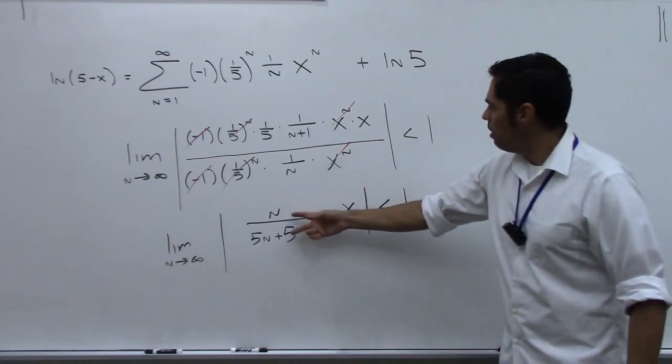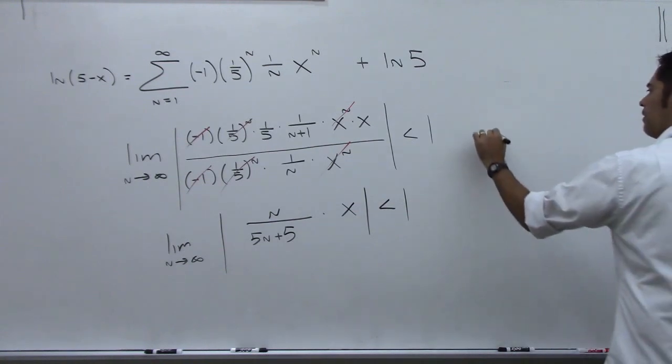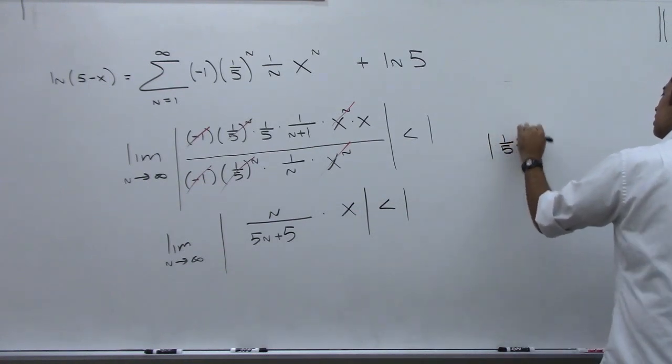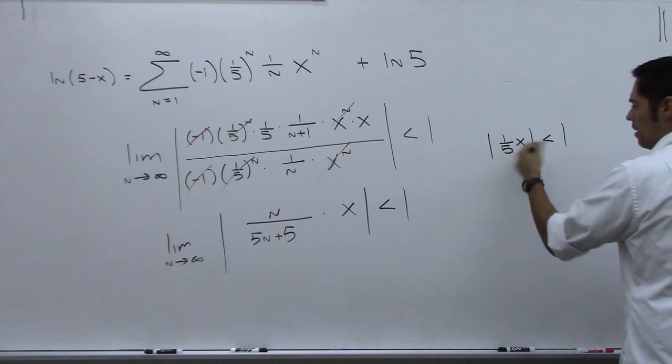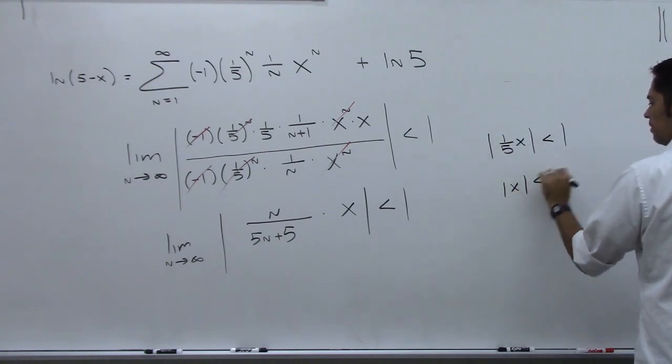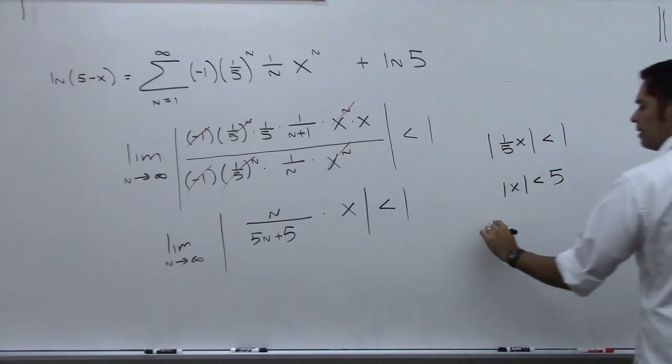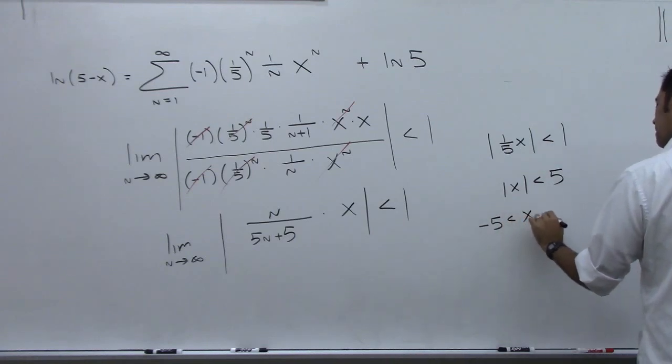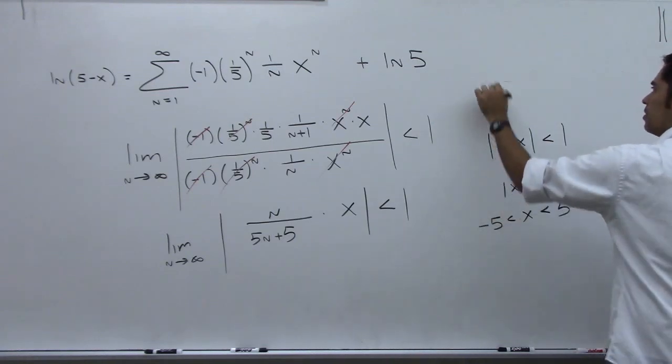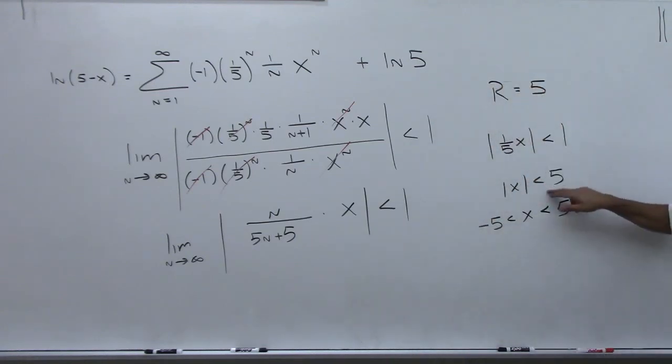If I do L'Hopital on that, I'm going to get 1/5. So I have absolute value of 1/5 x less than 1. And then work this out. We've done this several times. You get that. So radius of convergence is 5 because of that right there. Now it doesn't ask for an interval, so I don't need to check endpoints.